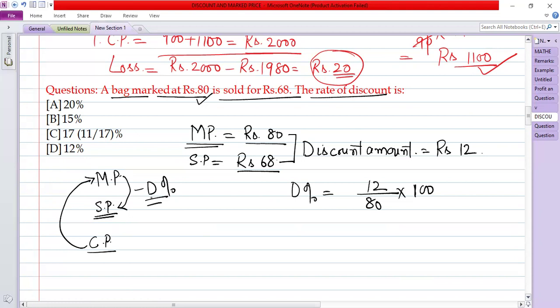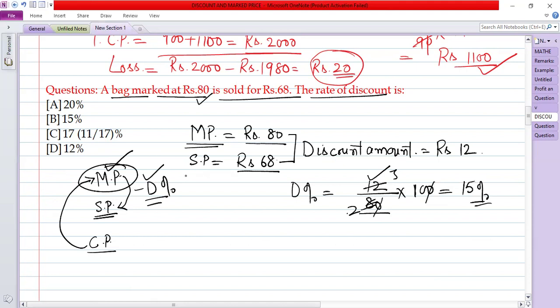As I already discussed, discount percent is calculated upon marked price. So discount amount over marked price into 100. If we solve this, it will come out to be 15%.